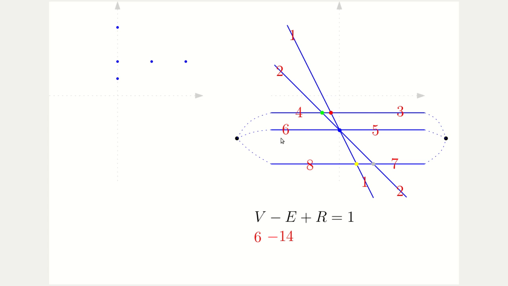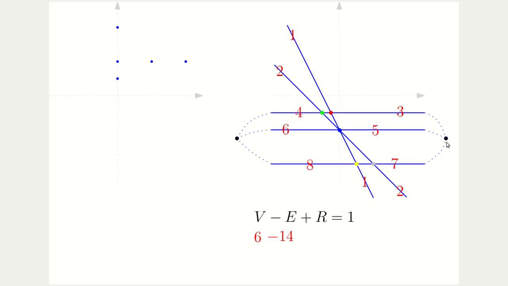Edges 5 and 6 are also interesting. They both start from blue and end at black, but they are not the same edge. To see this, imagine starting from the blue vertex and going to the right. You will end at the vertex at infinity, which is black, and will conclude the edge 5.